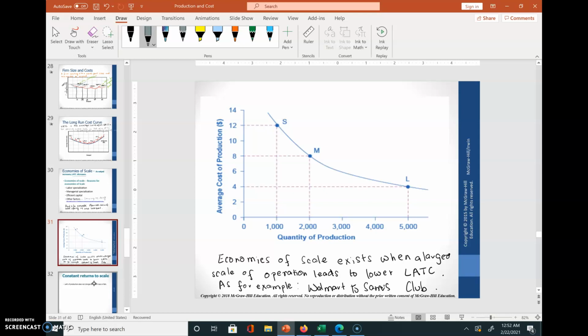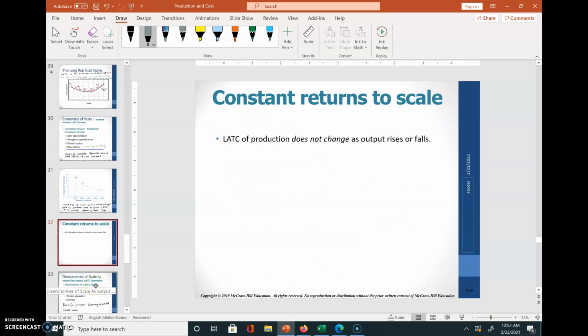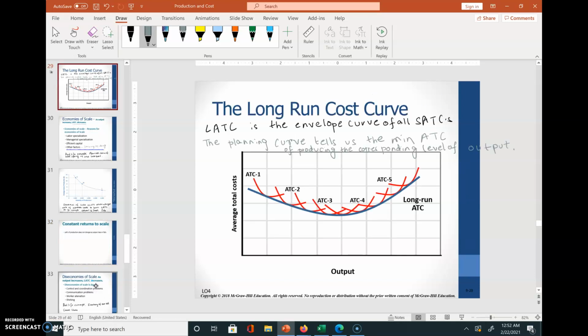So the average total cost curve for Sam's Club is definitely lower than the long run average total cost curve for Walmart. Now let's look at constant returns to scale. Here the long run average total cost does not change as the level of output goes up.